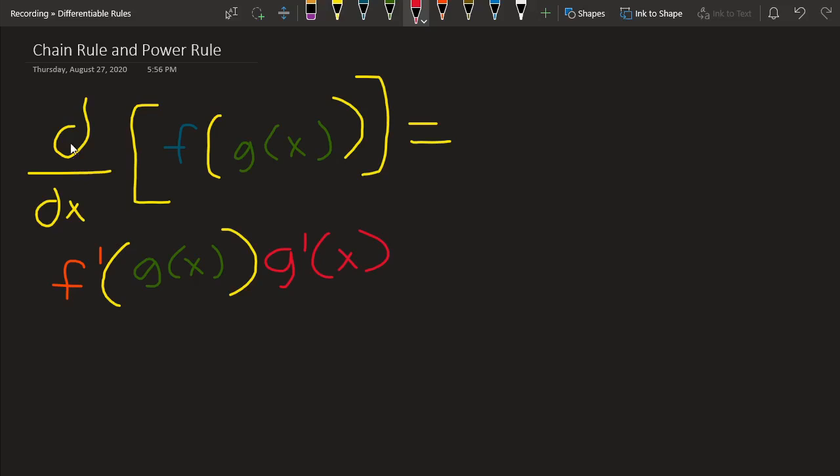So to review, if we're asked to find the derivative of f of g of x, it would be equal to f prime of g of x times g prime of x, my bad. So let's do a few example problems here.